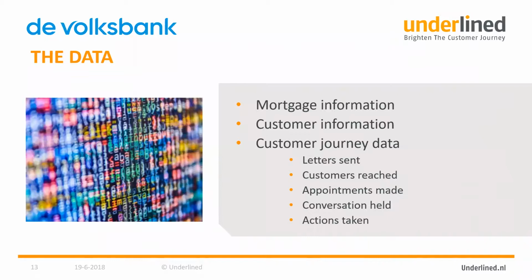What are they doing? Are they saying, I know I have an interest-only product, but I don't see any problems, or do they actually change their mortgage and therefore reduce the risk of the customer, but also for the bank?